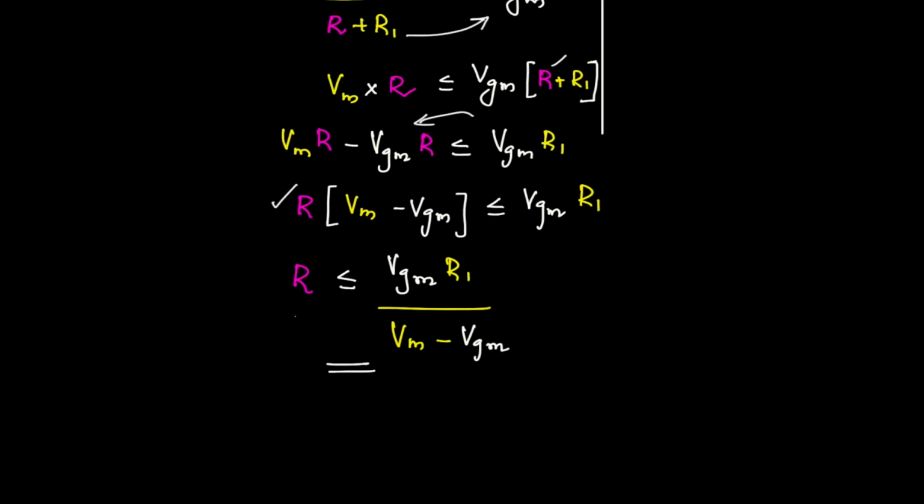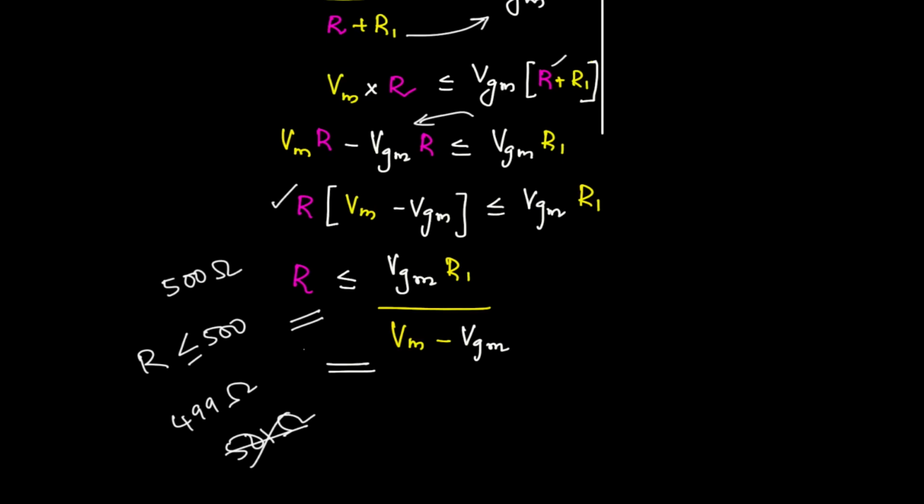So if you get a value of say again 500 ohm, then R should be less than or equal to 500. R can be 499 but cannot be 501. That is what it means here.